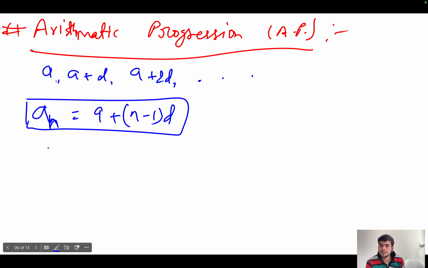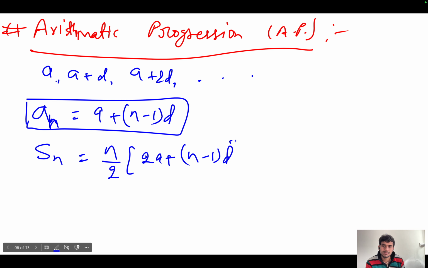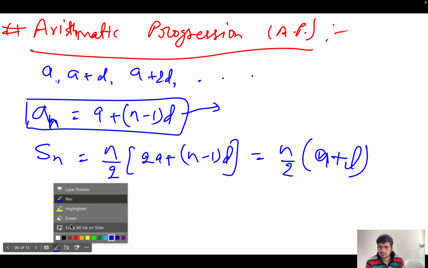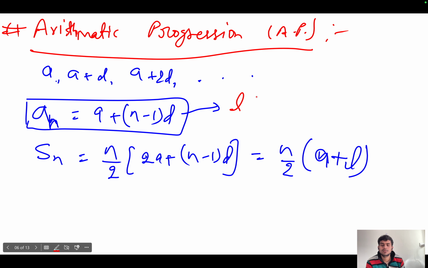And the formula for the sum of n terms, Sn, is n by 2 into (2a plus (n minus 1) into d), or n by 2 into (a plus l). What is l? l is the last term.